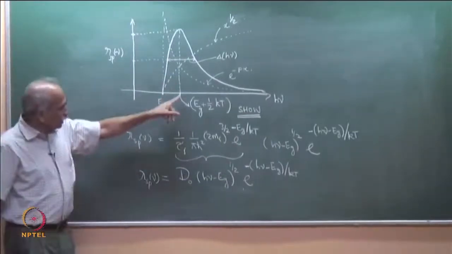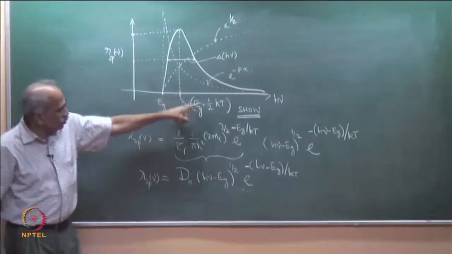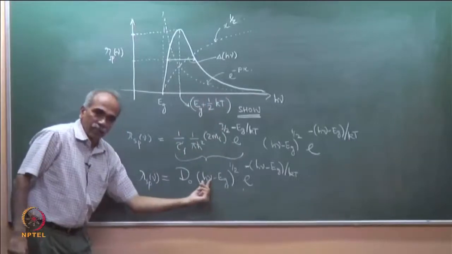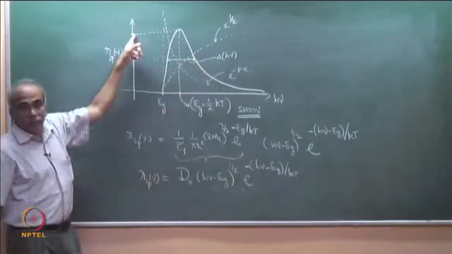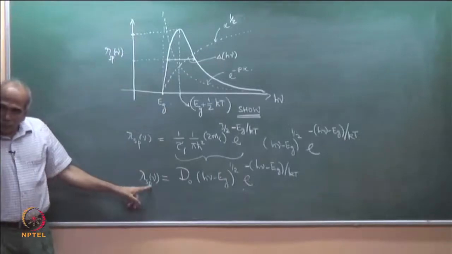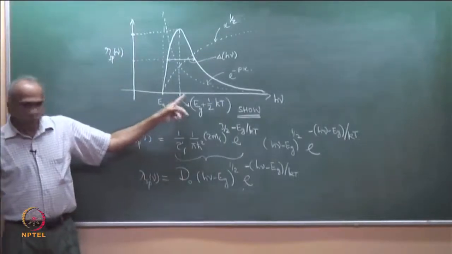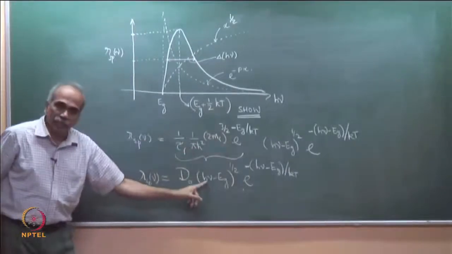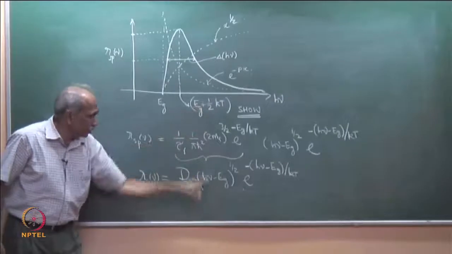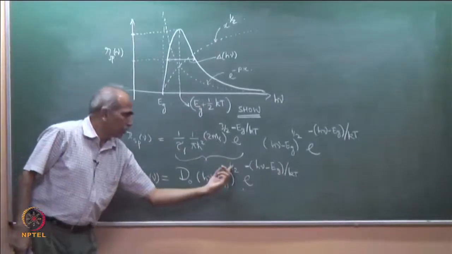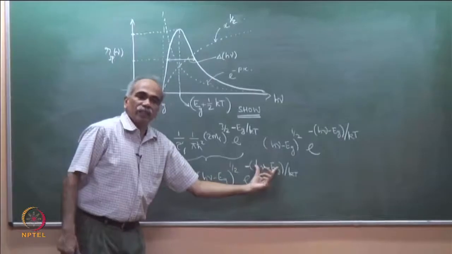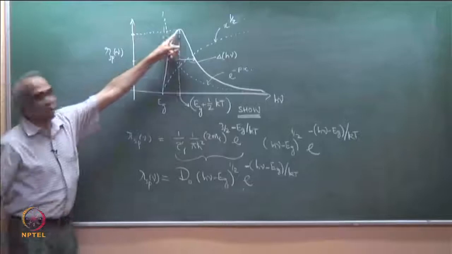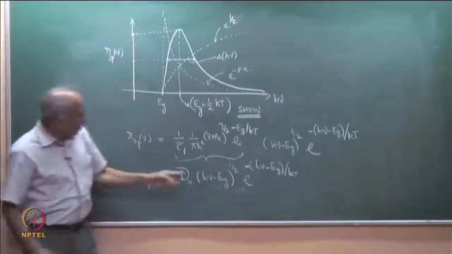And once you know that the maxima is at E g plus half k T, simply substitute E g plus half k T here and you get the maximum value. R S P of nu, if you know that the maxima occurs at E g plus half k T, substitute this value for h nu. So, E g goes away, you are left with half k T to the power half and here again half k T. So, k T cancels, see what you get. So, you know what the maximum value is, and we know every parameter in this.